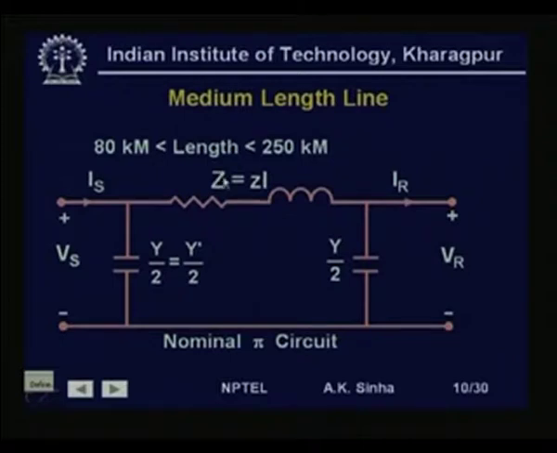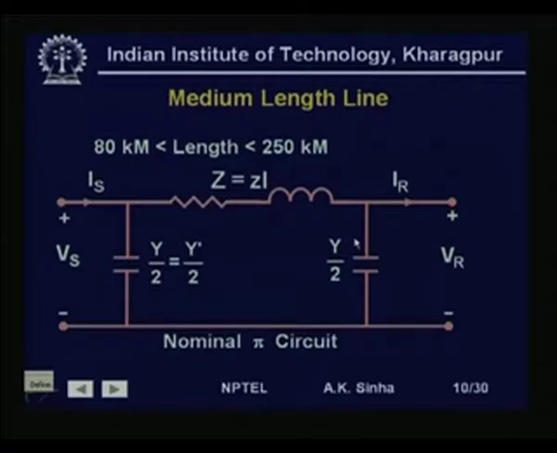So, Z, the total series impedance, is equal to small z times l, where small z is the series impedance of the line per unit length. Now, the total shunt admittance of the line will be Y, equal to small y, the shunt admittance of the line per unit length, times l.